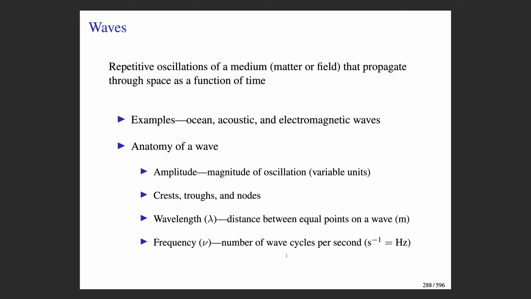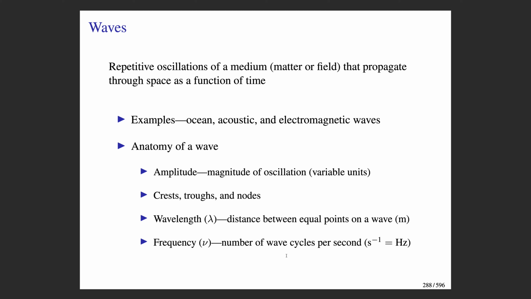Since the wave-like character of matter is important for understanding atoms, we need to have a bit of a discussion about waves. And so even from the classical perspective, waves were well known. A wave is some type of repetitive oscillation of a medium.